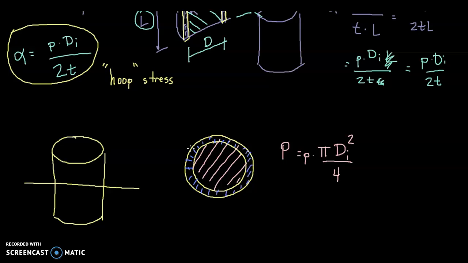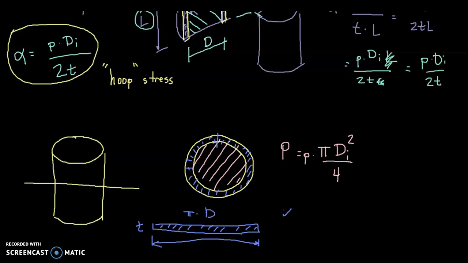A way we can approximate that is if we were to basically cut this circle, this circle that's made up of the exterior wall of the cylinder, and unroll it, laying it out flat. We would have a rectangle whose height is t and whose length is equal to the circumference of the cylinder, and the circumference is equal to pi d.